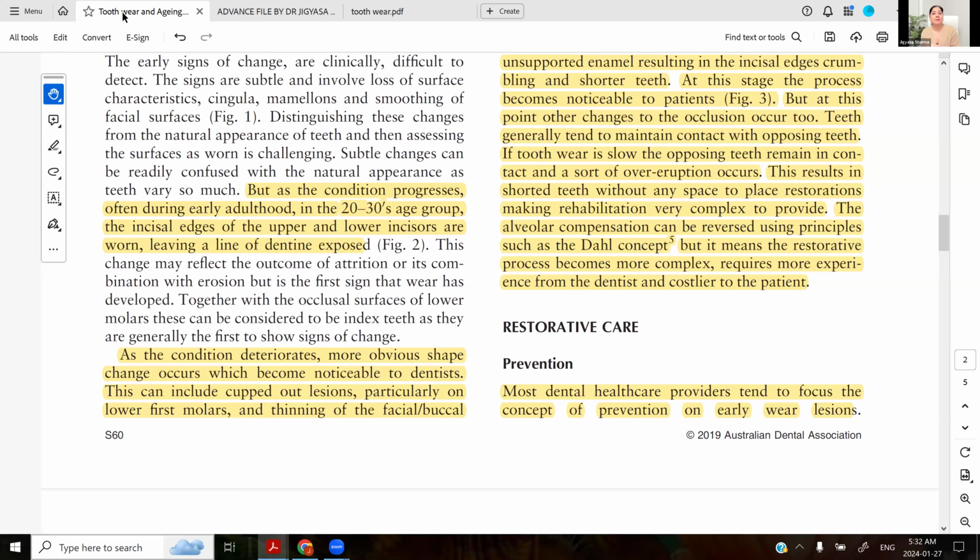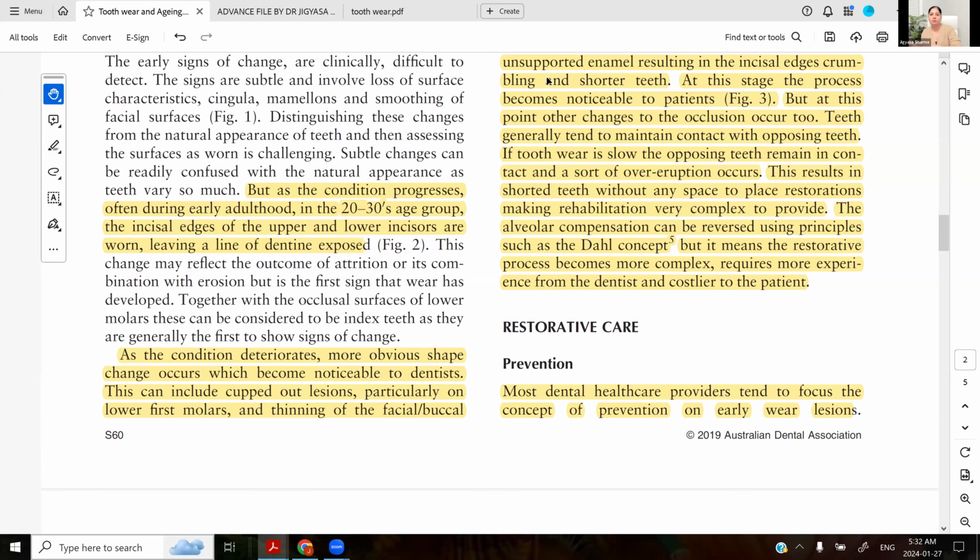Now in rapid wear, what happens is the tooth is not supra-erupted because it happened rapidly. They were not able to compensate, and that leads to vertical bite collapse. In that case, you don't have a problem because, again, that is a double-edged sword. The good part is the vertical dimension has collapsed, so you have the space for crowns and the bite would simply be restored to the original vertical dimension, right?